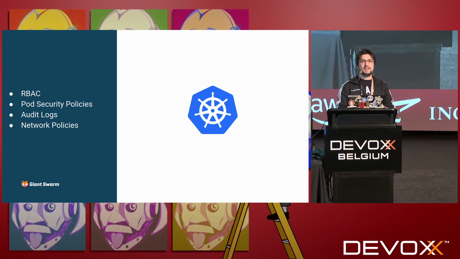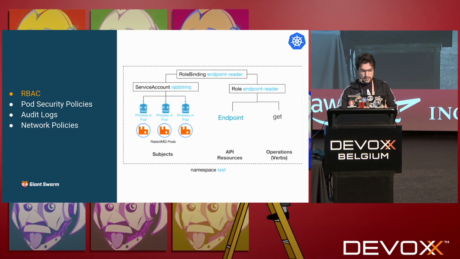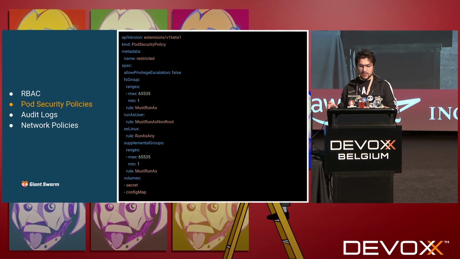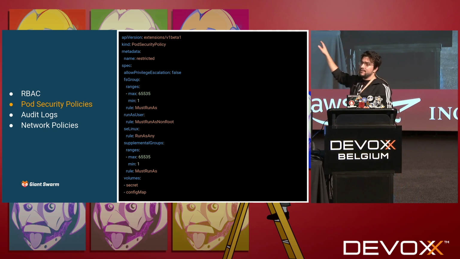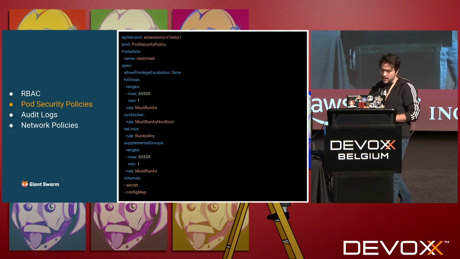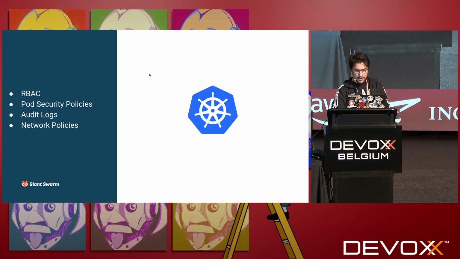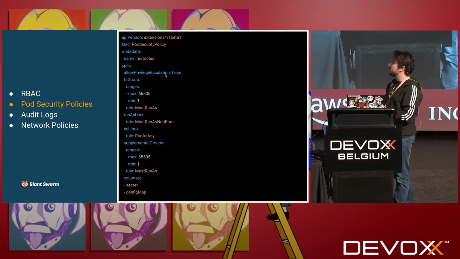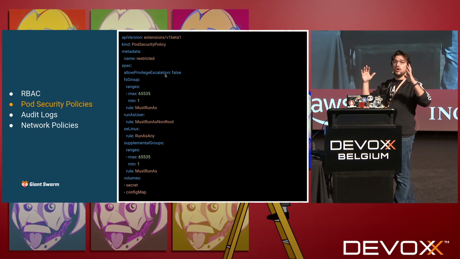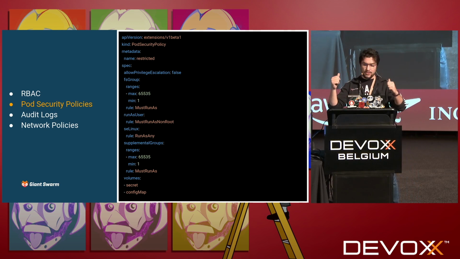Then the second thing is pod security policies. A pod security policy is a YAML that you can run on your cluster, and you define there security settings for all the roles belonging to that PSP. For example, what we can see here: allow privilege escalation false, which means you cannot do privilege escalation inside your container.